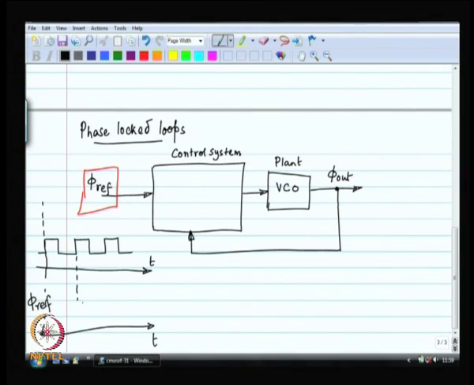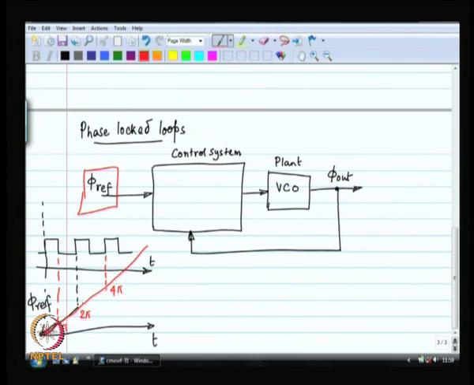So, at this point of time the phase is going to be 360 degrees, or rather 2 pi, and then you can conceive of the phase going linearly as a function of time. At this point of time it is 4 pi, over here it is 2 pi, over here it is pi, and so on and so forth, 6 pi, 8 pi, and so on and so forth.